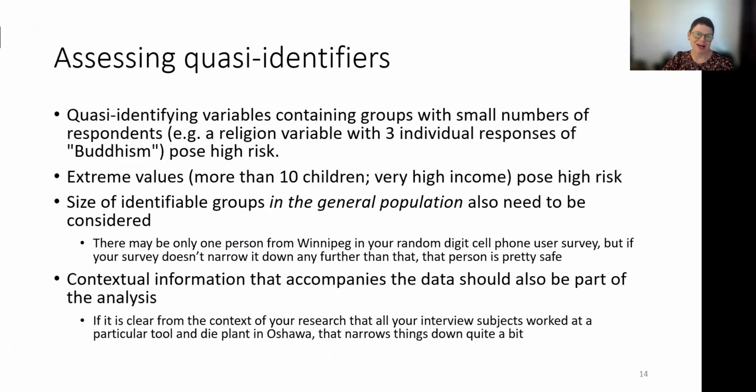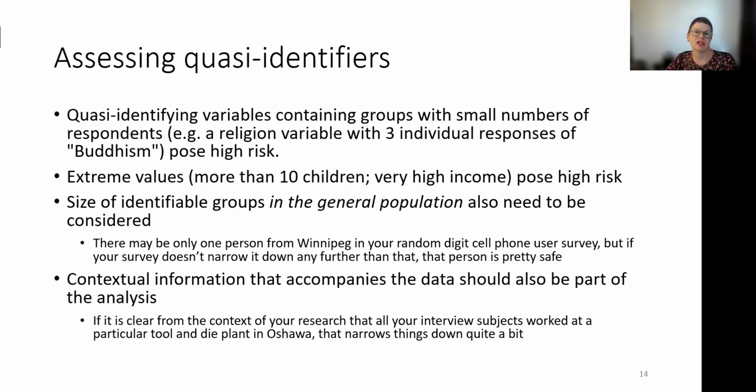As a first pass, start with rules of thumb. It'll make your life easier later on. Start with common sense, deal with the ones that are really glaringly, obviously problems. Some common rules of thumb include quasi-identifying variables that contain groups with small numbers of respondents.